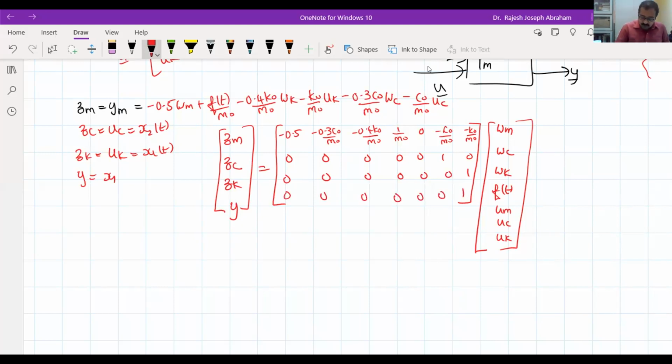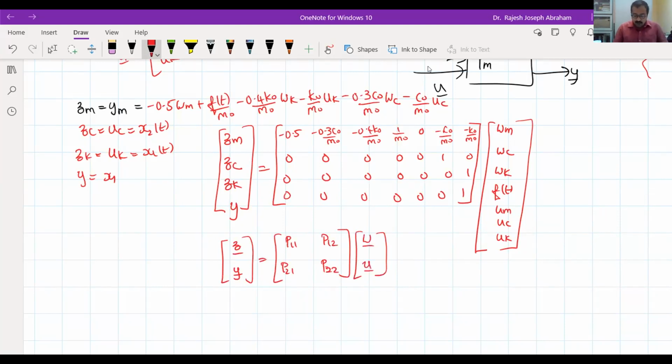Now, if you compare with our standard form, Z bar, Y bar equals subsystems P11, P12, P21, P22 into what? The external input W and the control input U. So what is our Z here? Our Z is these three, Z bar. Y bar is this thing.